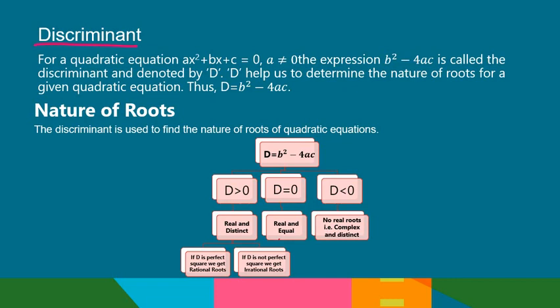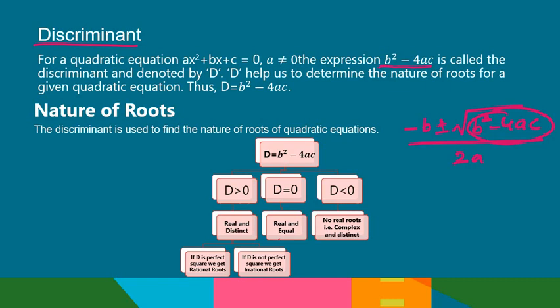For the quadratic equation ax square plus bx plus c is equal to 0, the expression b square minus 4ac, which we see in the quadratic formula minus b plus minus under root b square minus 4ac upon twice a, is called the discriminant, and it is denoted by D. It helps to determine the nature of roots for the given quadratic equation. Nature of roots means whether the roots are real or imaginary, right?